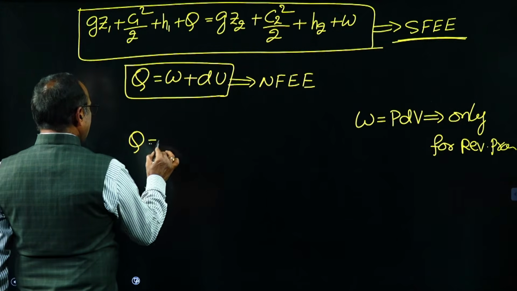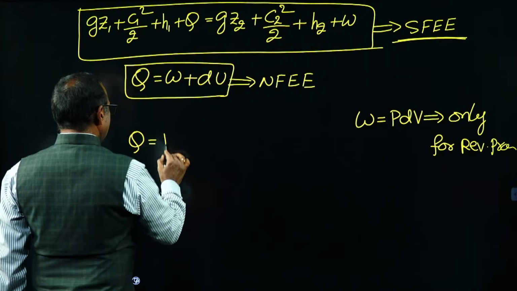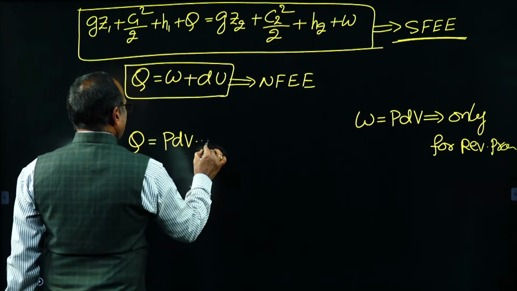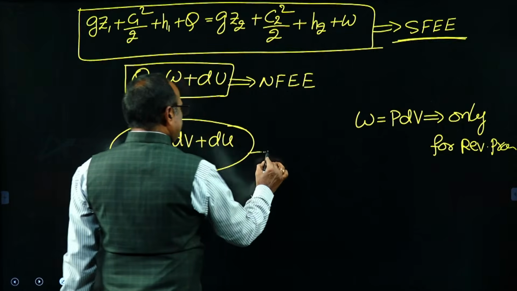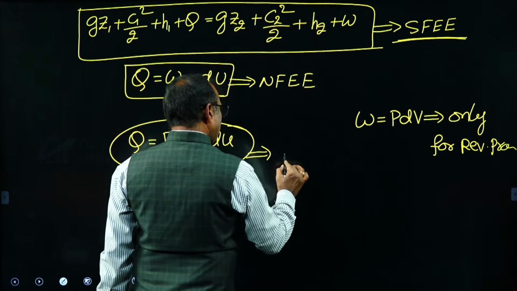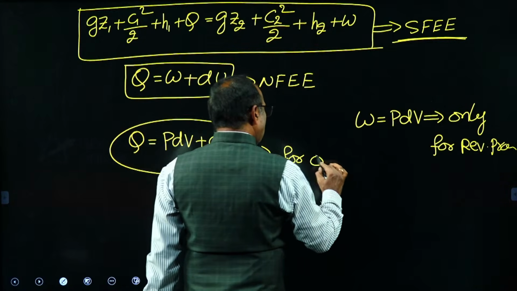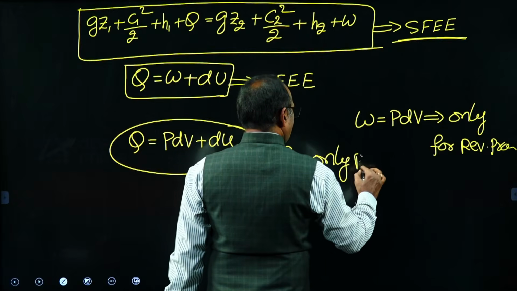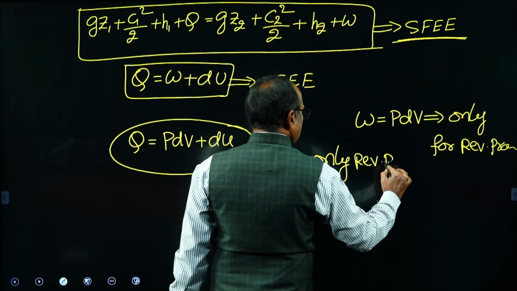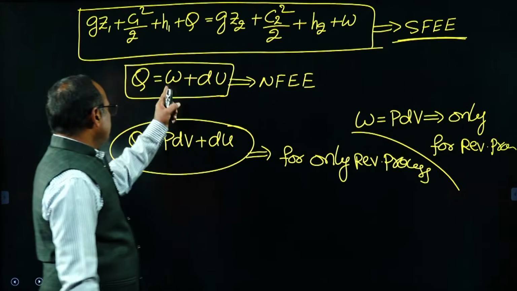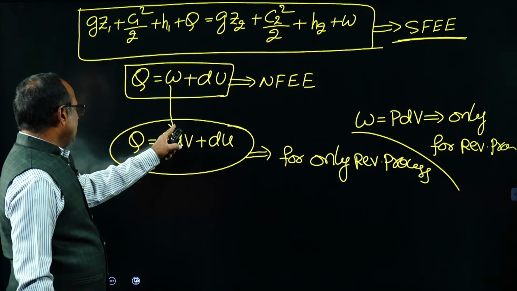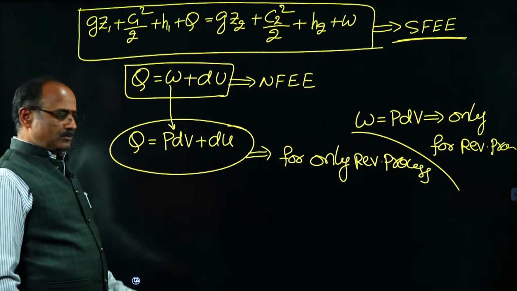Then it can be modified as, in the place of W, let me write the P dV plus dU. This is the equation for only reversible process, because W equal to P dV only for a reversible process.